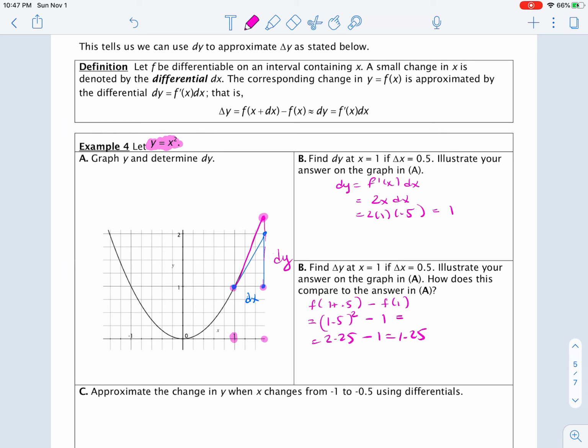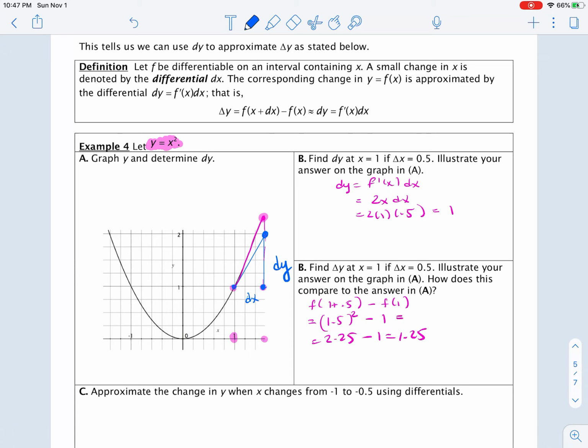And what is my delta y? Actually, I had it right the first time. My dy would actually be in blue because I'm only going up by 1. So from here to here is just 1.